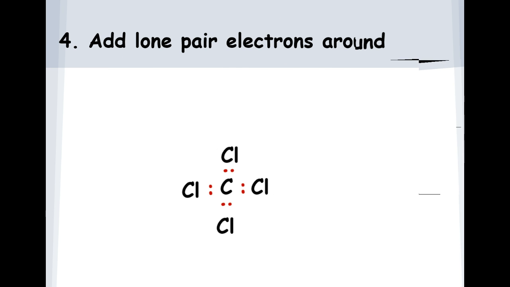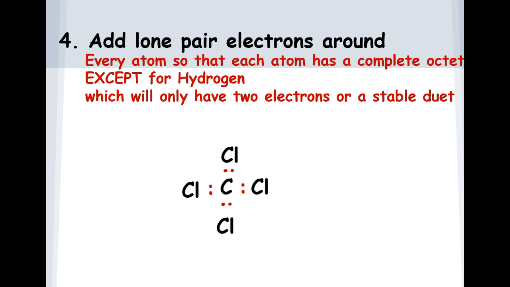Our next step is to add lone pairs of electrons around every atom, so every atom has a complete octet, except for hydrogen, which will only ever have 2 electrons, or a stable duet. So each one of these chlorines needs 3 pairs, or 6 electrons, to complete its octet.